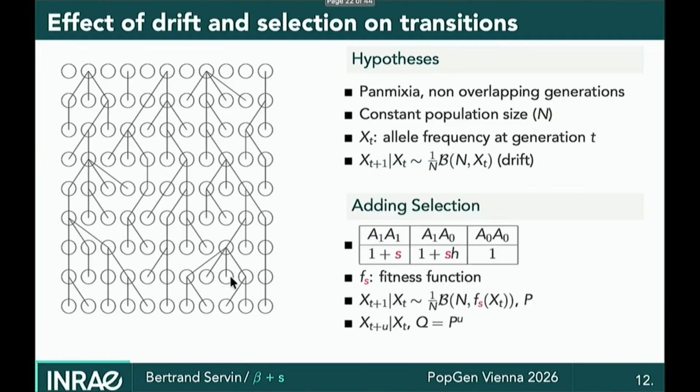Now, if you have selection, some genotypes have more chance to reproduce than others, and that depends on the selection coefficient S, the classical selection coefficient used in the population genetics literature.